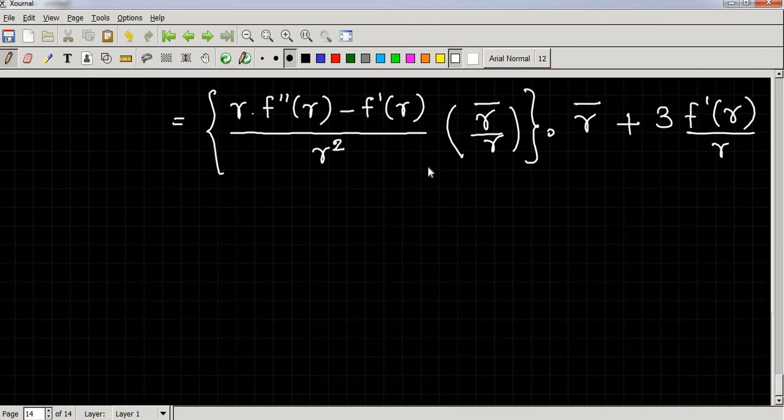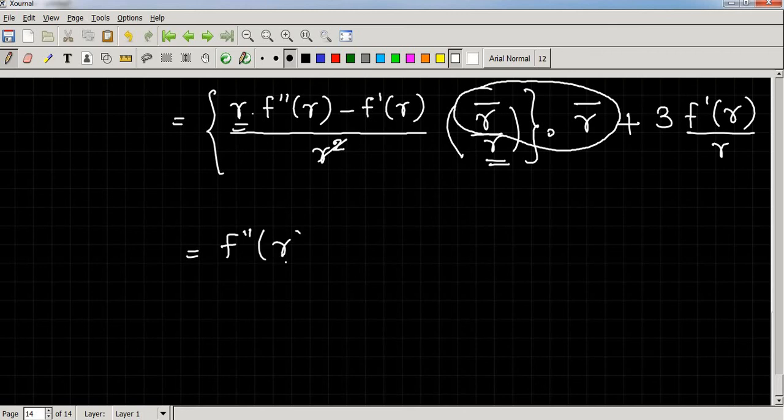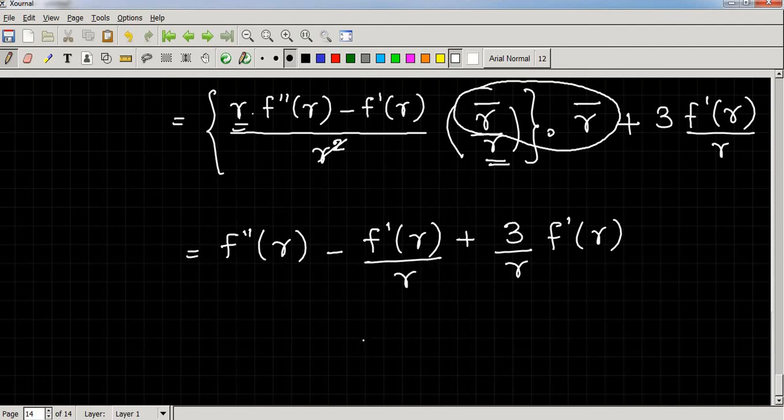So we simplify this. Scalar product of two same vectors is nothing but the square of the magnitude, that is r bar dot r bar is nothing but r square, and that r square can be cancelled here. If we separate the denominator, we get f double dash of r minus f dash of r upon r plus 3 upon r into f dash of r.